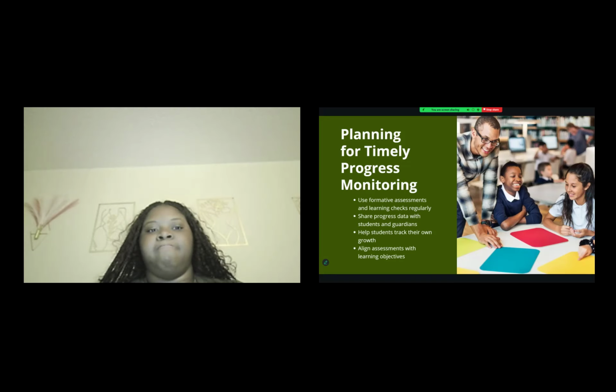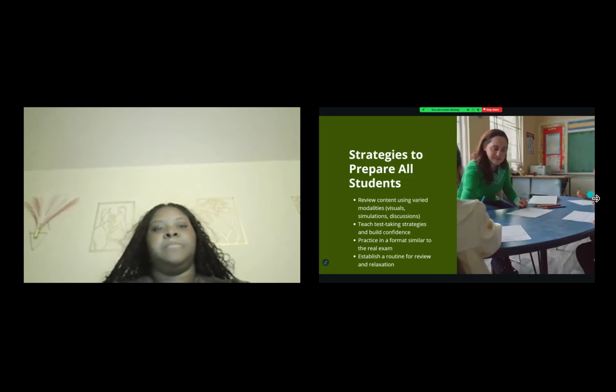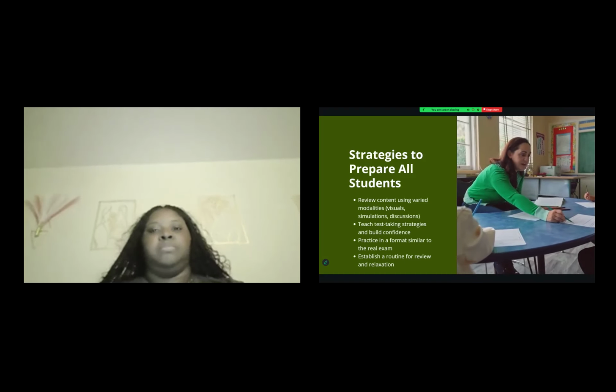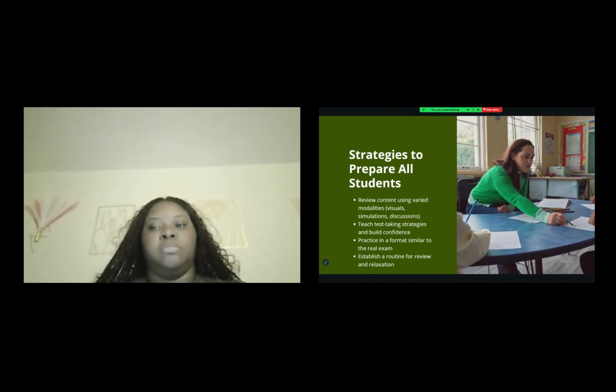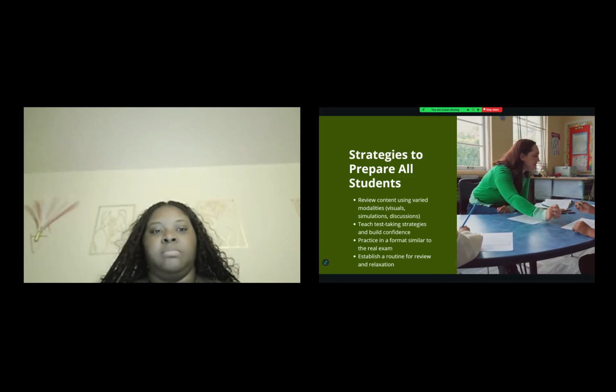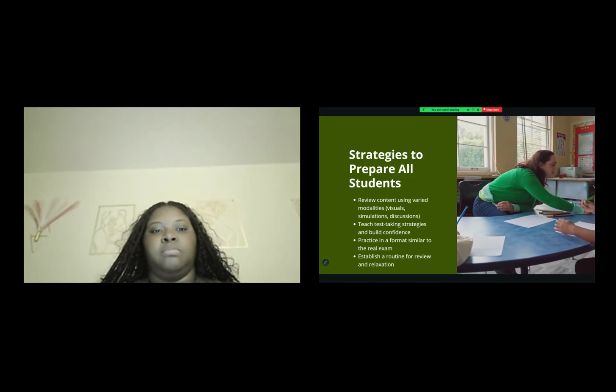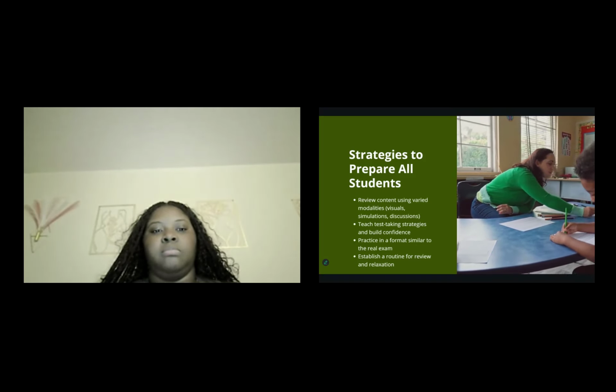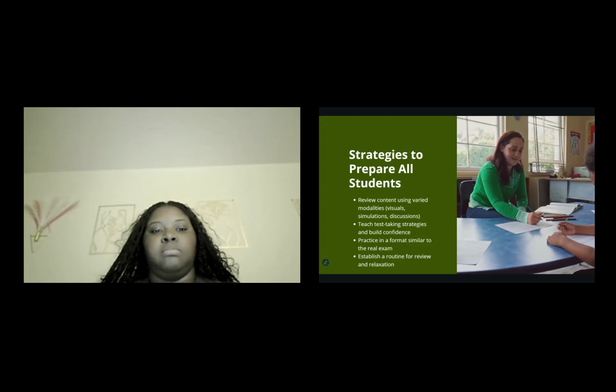As we continue to the next slide, it talks about different strategies to prepare all students: reviewing the content, teaching test taking strategies, practicing in a format similar to the real exam, and establishing a routine for review and relaxation.